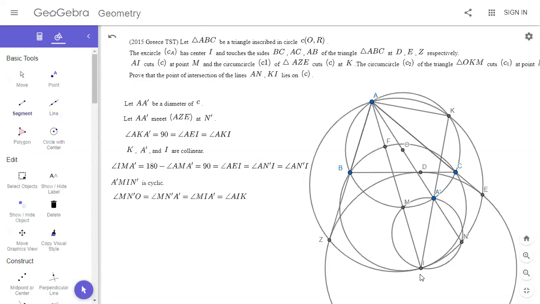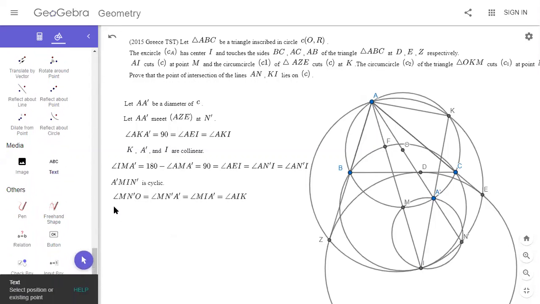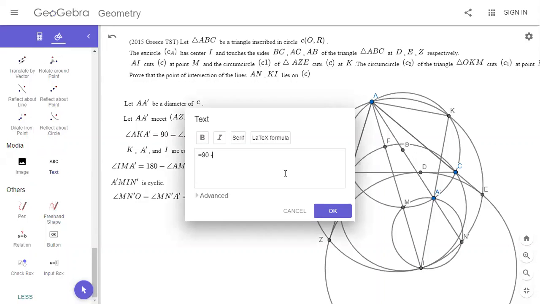So AIK is 90 minus, oh yeah, that's it. AIK is 90 minus IAK. And then that's 90 minus MAK. Let's see.